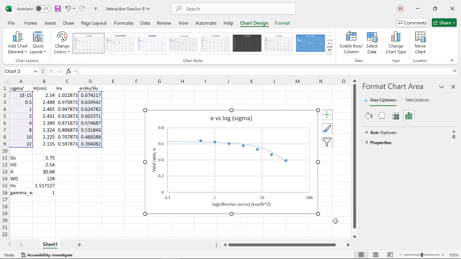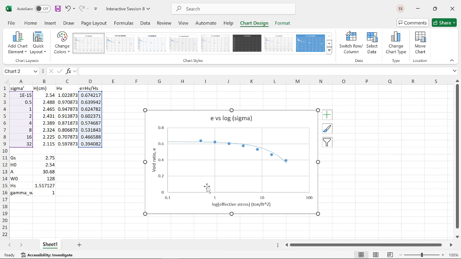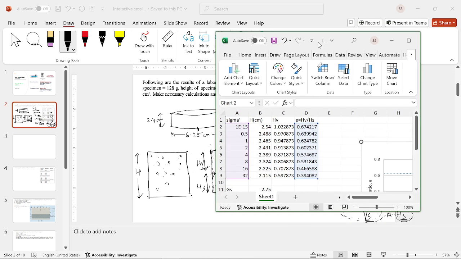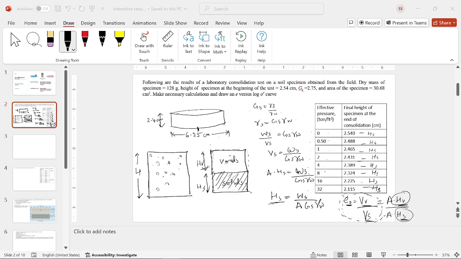So this will be our curve, e versus log sigma. That is what was asked. Is there something else? This is the variation. Make necessary calculations and draw an e versus log of sigma. I think we have done that.